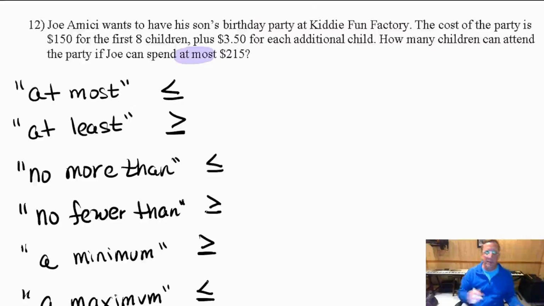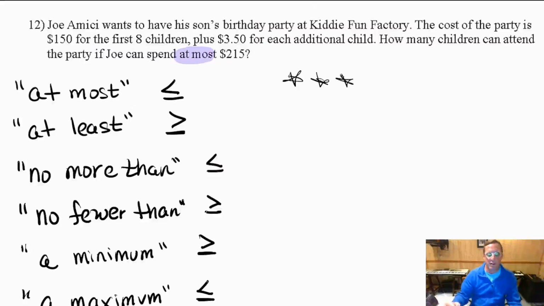This particular problem says at most 215. Now, at most is an indicator for what kind of inequality we want to use. So at most means less than or equal to. Because think about at most 5 stars.